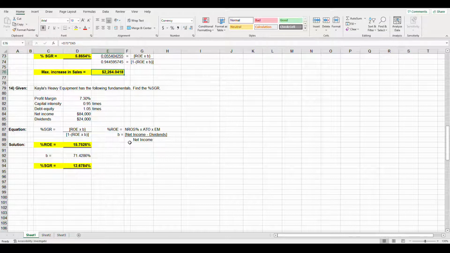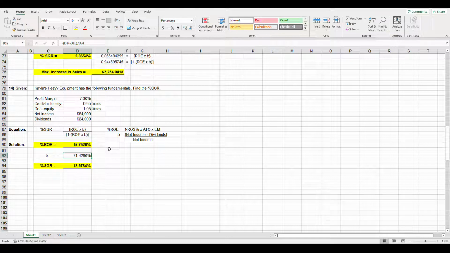My ROE will be my net return on sales, or profit margin, 0.073, times ATO, asset turnover, which is 1 over CIR, capital intensity ratio, so 1 over cell D82, and then times 1 plus the debt to equity ratio to get the equity multiplier, 1 plus D83. That gives us a ROE, return on equity percentage, of 15.7526%.